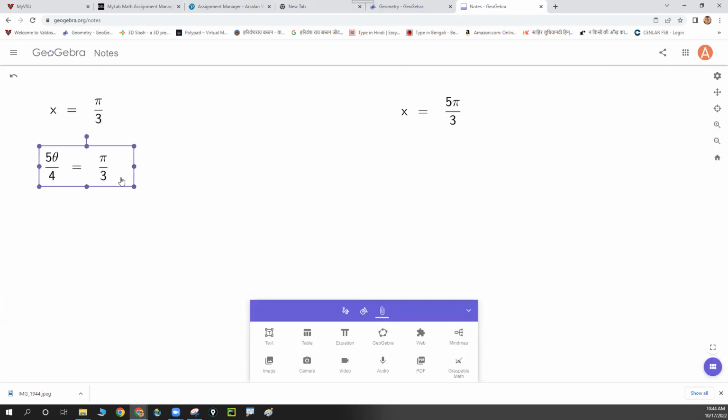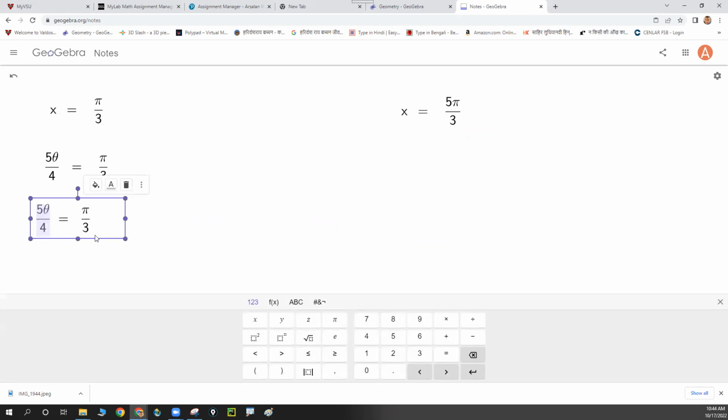Now, I can multiply both sides by 4 over 5. If I multiply both sides by 4 over 5, on the left-hand side, I will only have a theta. 4 times pi over 3 is 4 pi over 15. That's one of my answers.